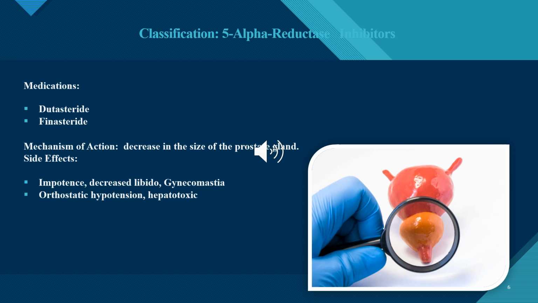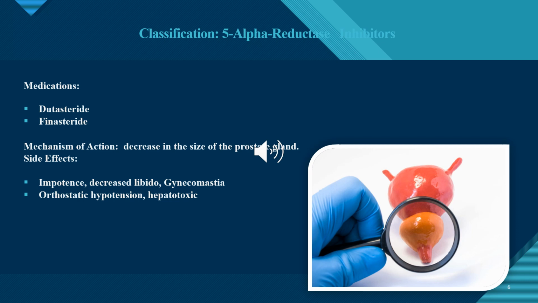It can affect the fetus. So handle this medication as a chemo medication. First of all, they are teratogenic, and they have been associated with women being unable to conceive.